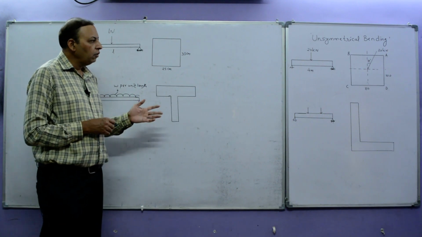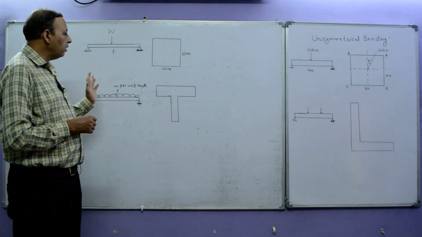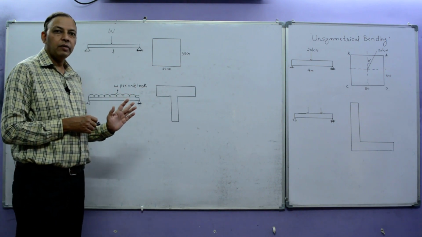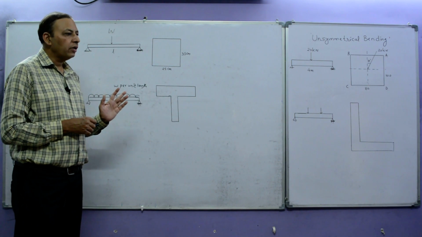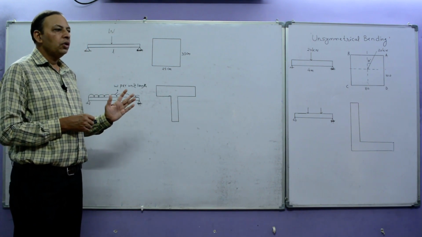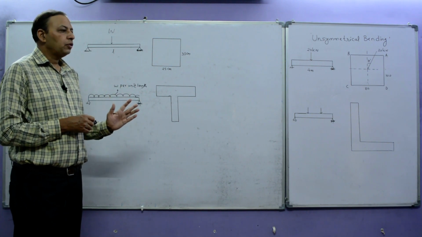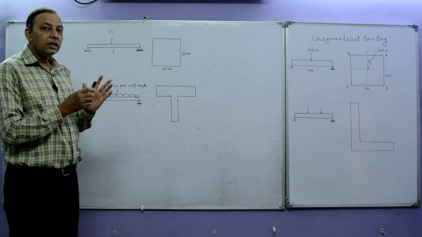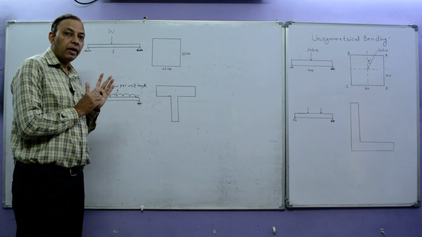I will explain what is unsymmetrical bending with the help of these 2 diagrams. What is our assumption in case of simple bending? The section is symmetrical about a vertical plane passing through the vertical axis of symmetry, and bending moments act in that plane. This assumption is for simple bending.